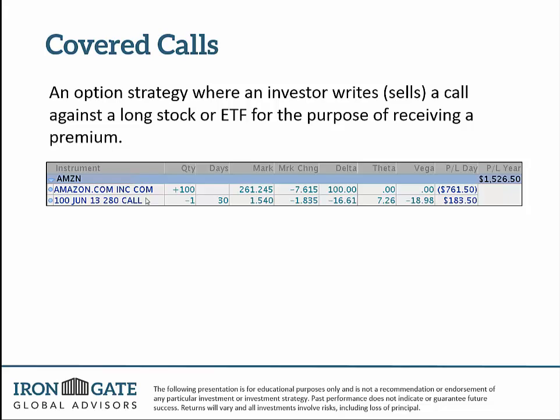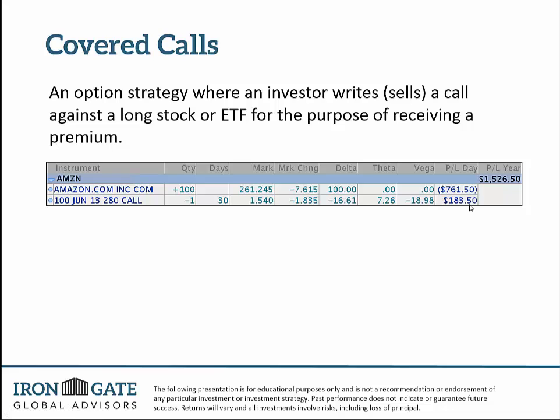You can see on this particular day, and here's what I want to highlight in particular, the stock was down $7.61. Well, the 280 option actually made money. And I'm going to scroll all the way to the right here. You can see on that day, that $280 call that you sold made $183.